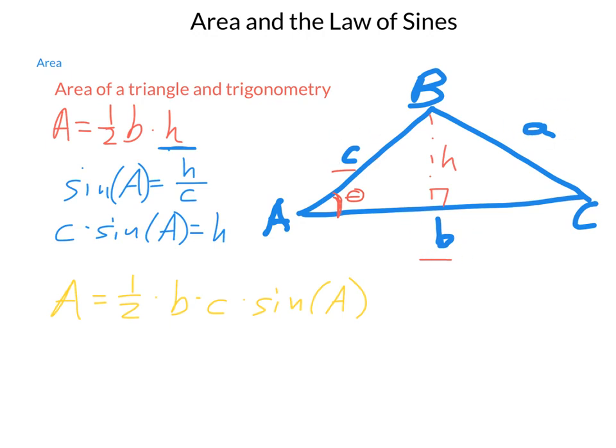And of course, we have our 1/2 base times height. But now, if I know two sides and their included angle, or as we would state it in geometry, a side angle side information set, I can go through and compute the area of my triangle.